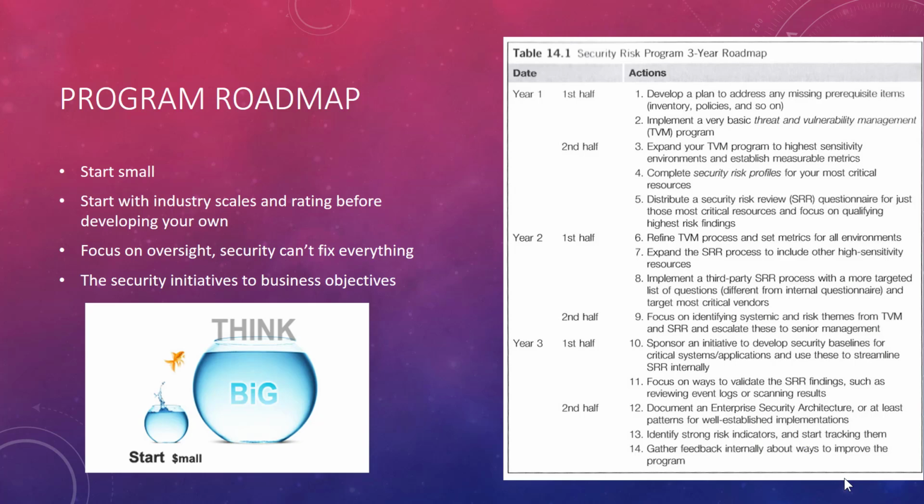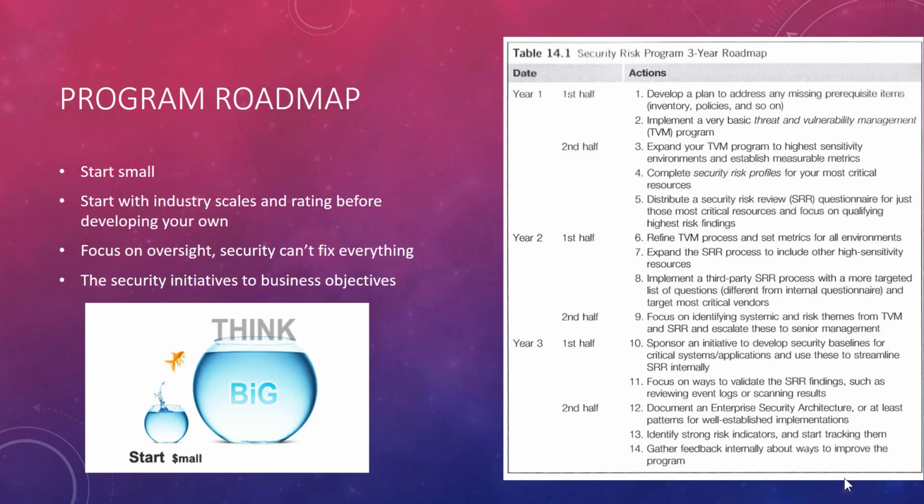Now, second year, we move into looking at threat and vulnerability management again, build metrics for it, enhance that program, start looking at your security risk reviews, implement a third-party component of that so that you can get that out, and then start focusing on those systemic and risk themes and start escalating these to senior management.